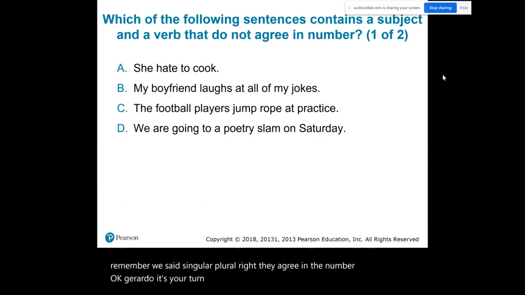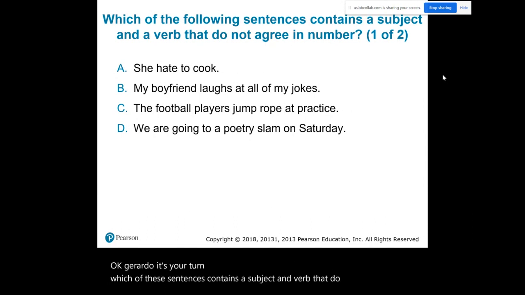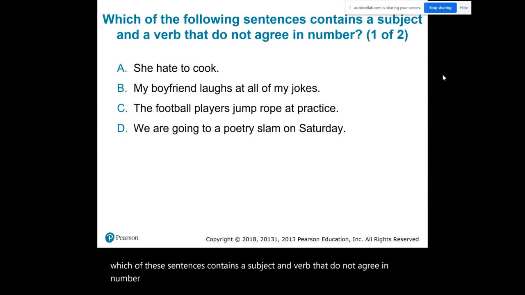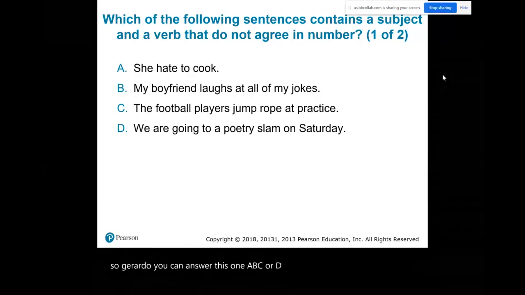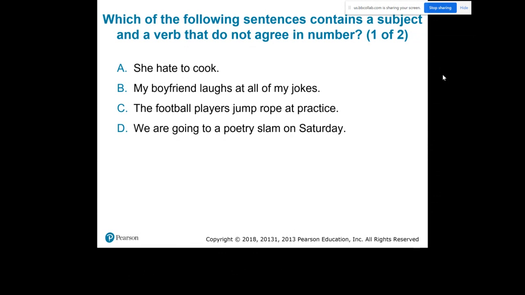Which of these sentences contains a subject and a verb that do not agree in number? So Gerardo, you can answer this one, A, B, C, or D. B? We're looking at the one that's not correct.